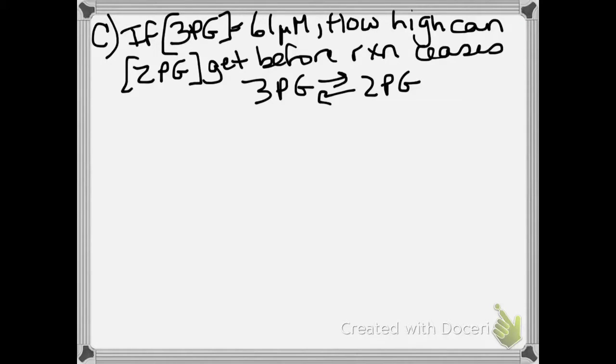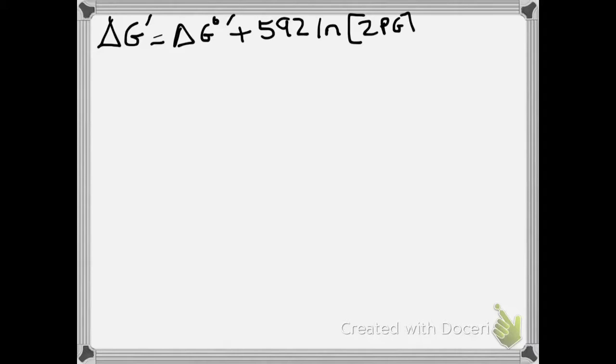And so in order to calculate this, I need a nice clean page. What we're going to do is first write our equation. Delta G prime is delta G0 plus 592 times the natural log of the concentration of 2 PG over 3 PG.